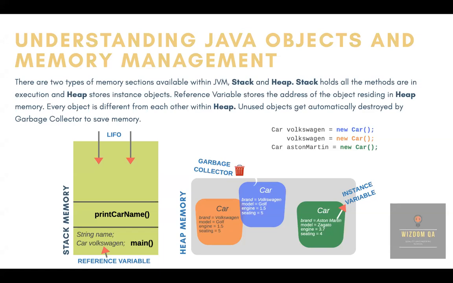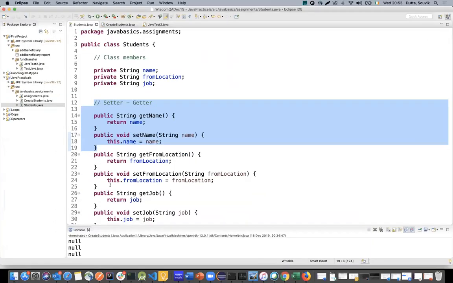So let's look at the first method from the CreateStudents perspective. So we have this particular CreateStudents class.